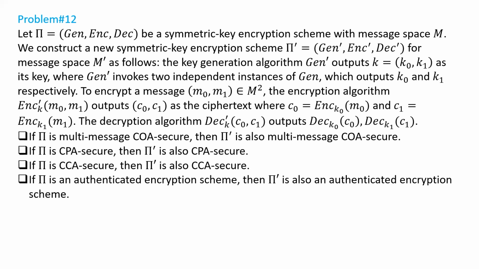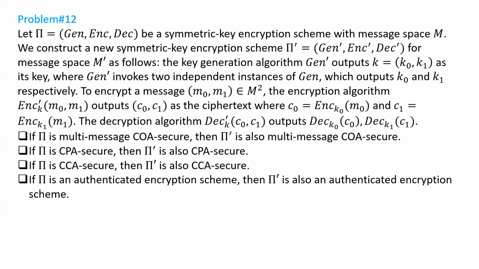So basically, all these C1 to CQ consist of two ciphertexts corresponding to the original encryption scheme pi, and some of them are with respect to key K0 and some of them with respect to K1.